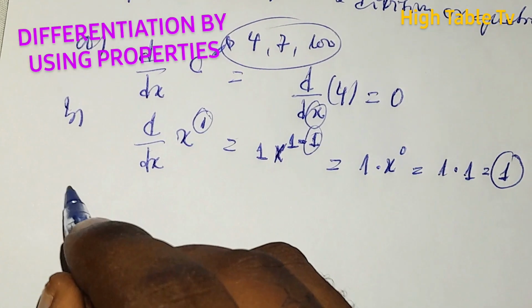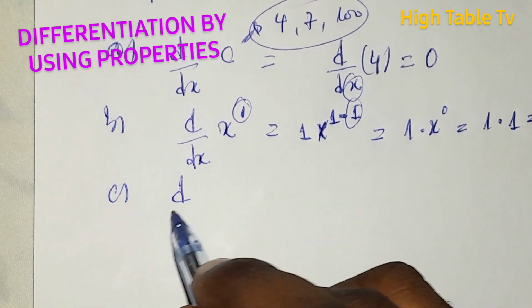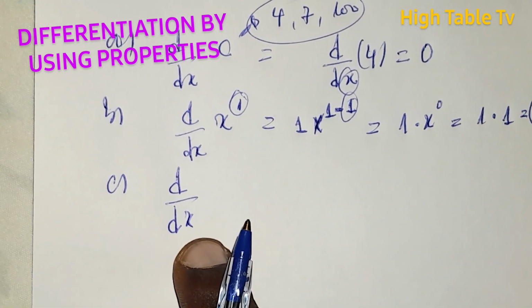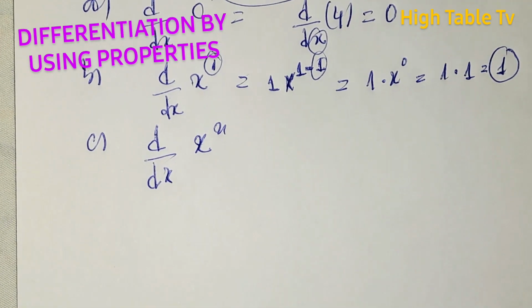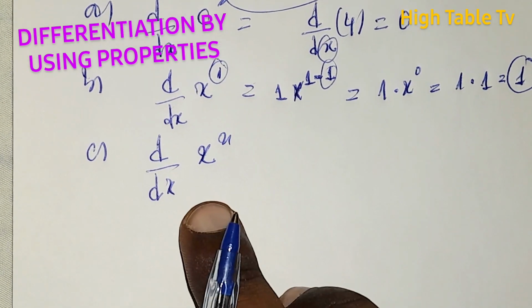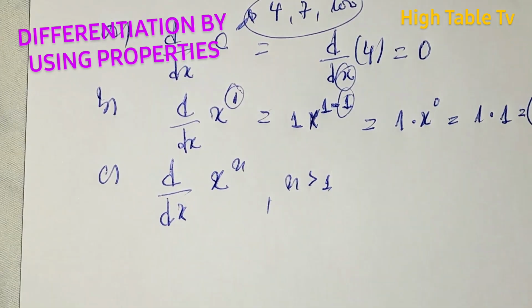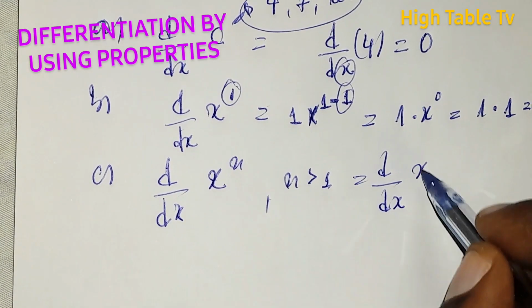Then for the third property, we have a given polynomial function, the derivative of this function with respect to x, if we have x power n. This n, as I have told you, must be greater than 1. For example, the derivative d over dx of x power 7.